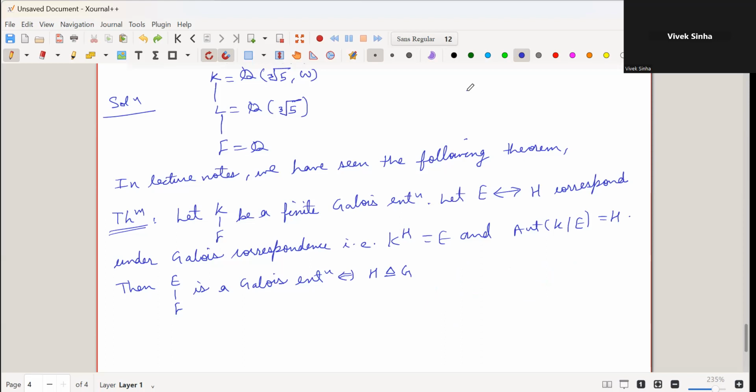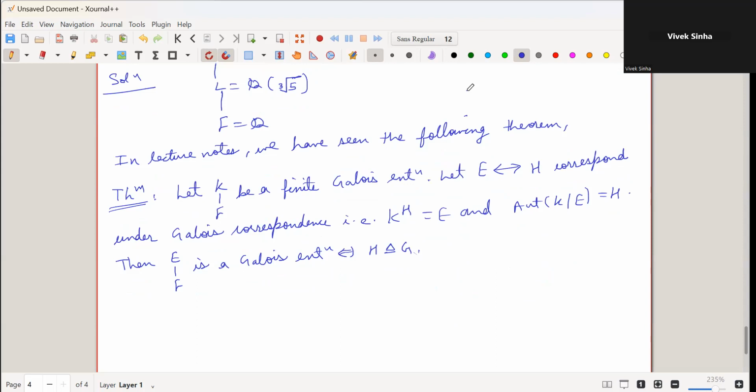While discussing the fundamental theorem of Galois theory, we have seen this correspondence.